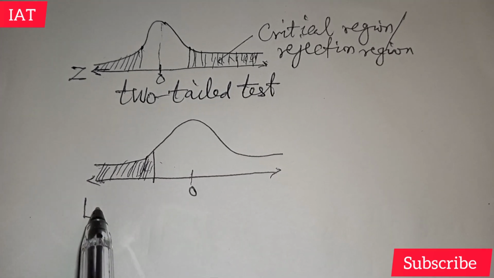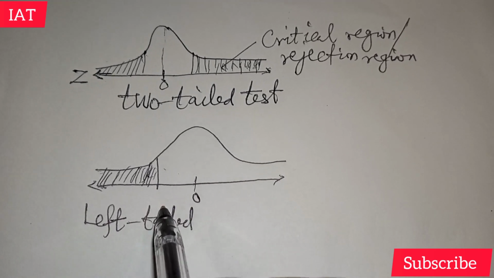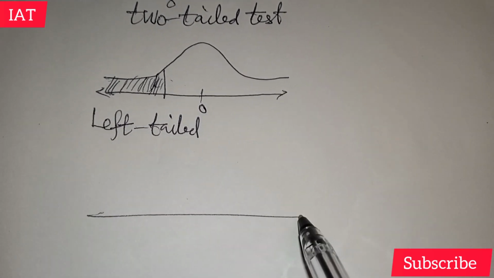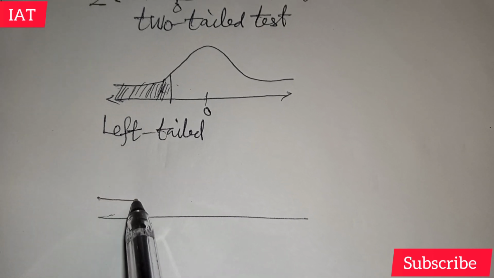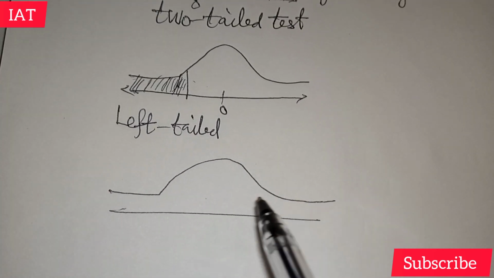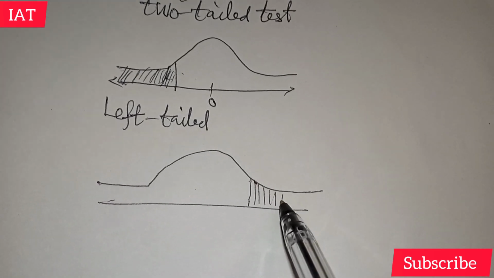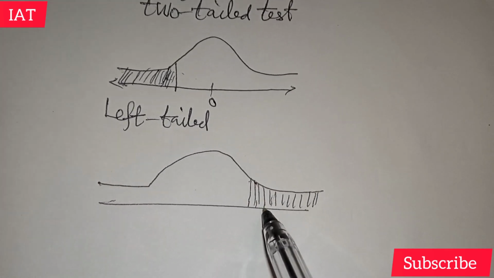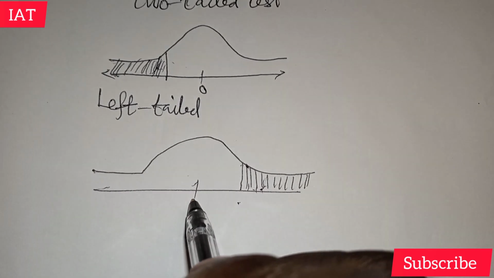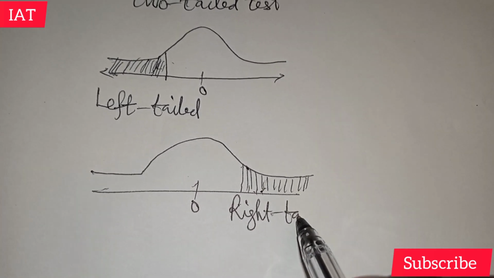That's why we call it left tailed. So again, we have another distribution of this kind. Just manage the diagram, and then we have this part shaded. So we call this here is the center, and this is the right tailed.